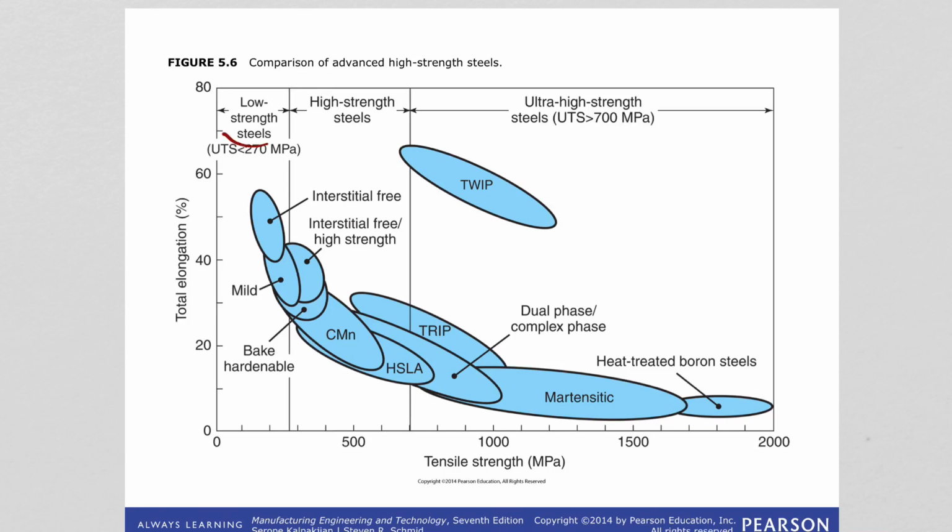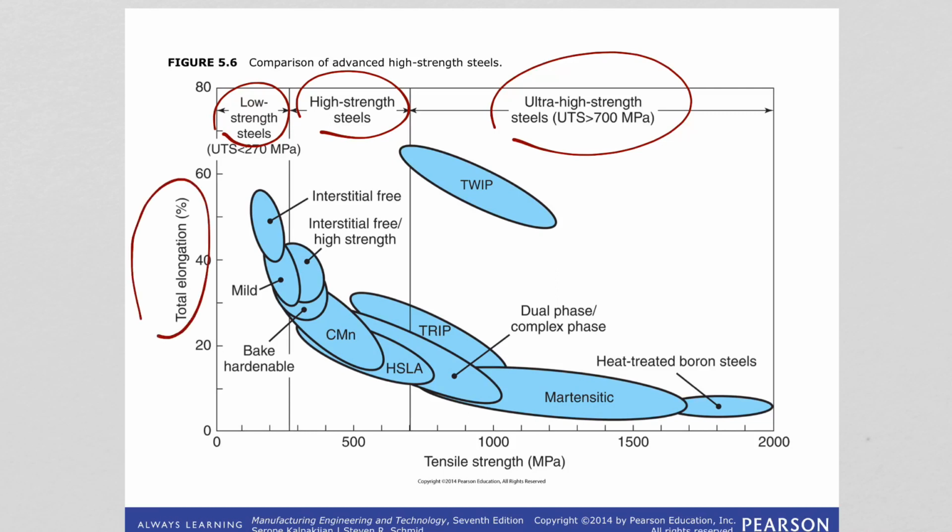Here we have low strength steels, high strength steels, and ultra high strength steels, and of course their tensile strength range, and how they are located in the chart, basically based on their elongations and ductilities on the y-axis. So as you can see, as the strength is increasing, the ductility is decreasing, as we can expect. For example, martensitic steels are very high strength steels, but their ductility is low.